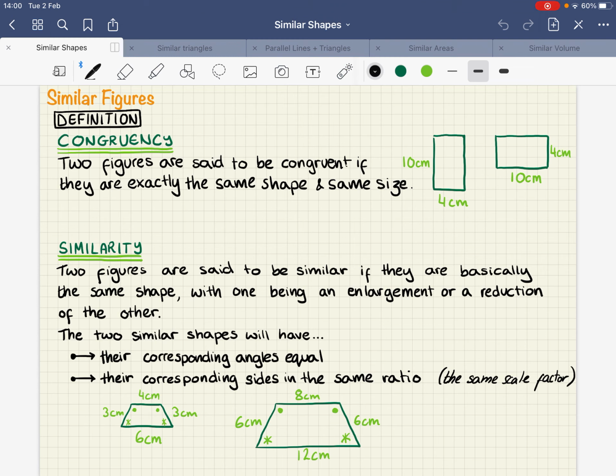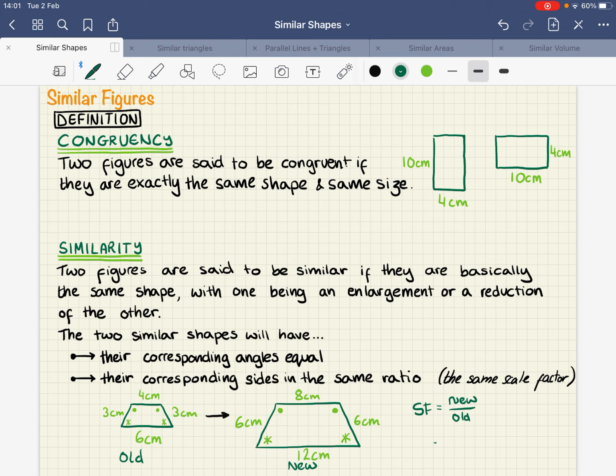So if I was to be looking at this as going from that smaller to the larger, how I often do my scale factor, I like to look at it as the new over old. So that's my old shape, and this is my new one because I'm moving to it. So if I think about all my sides, I've got the 4 centimeters here, which goes to 8 centimeters.